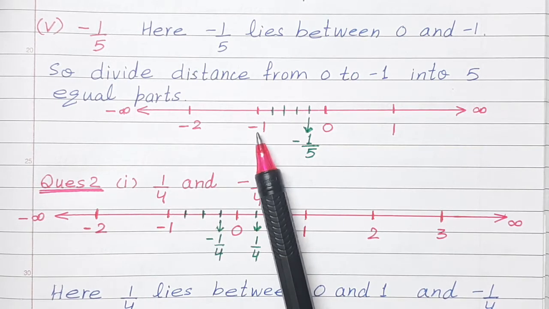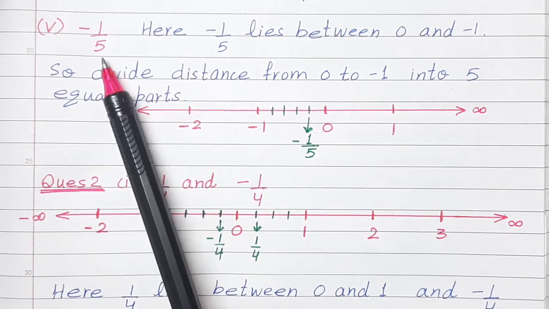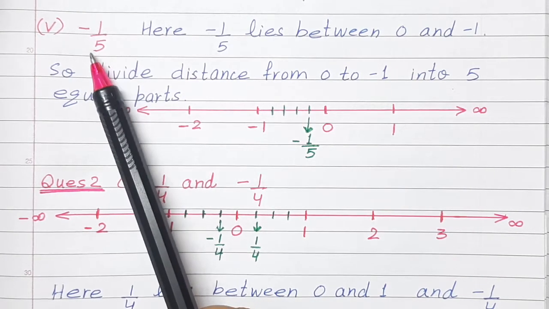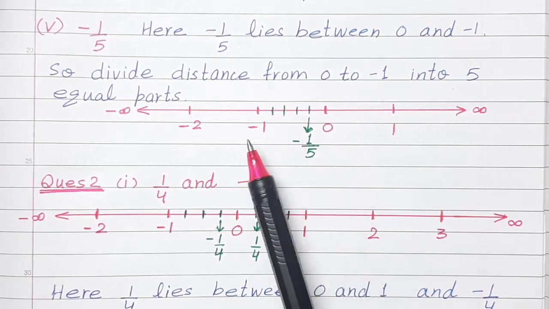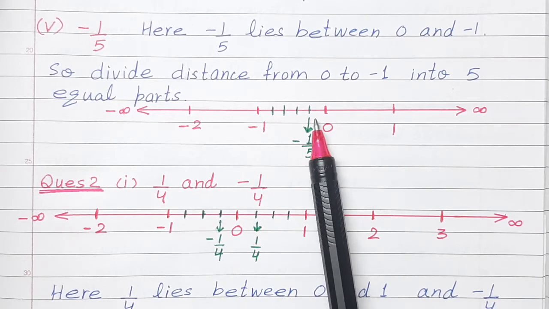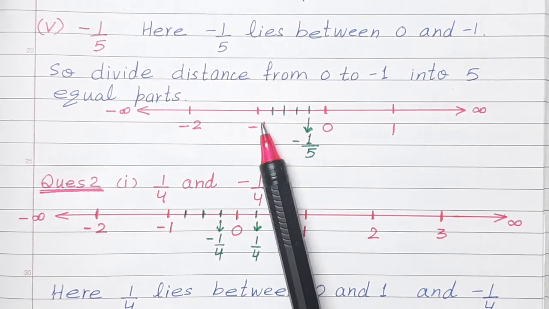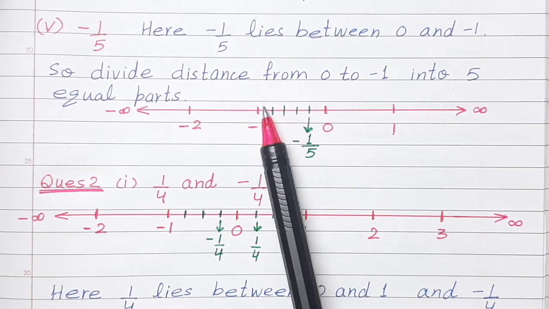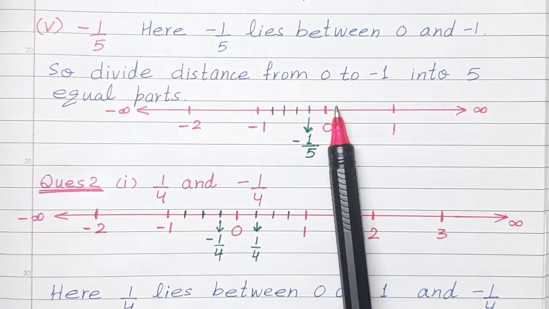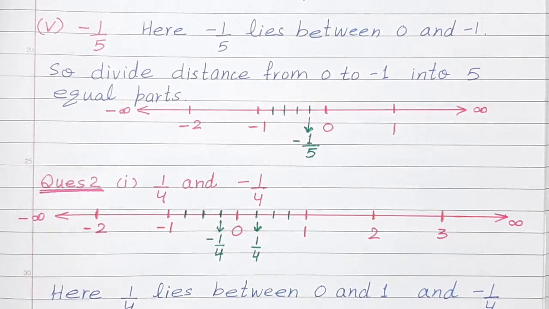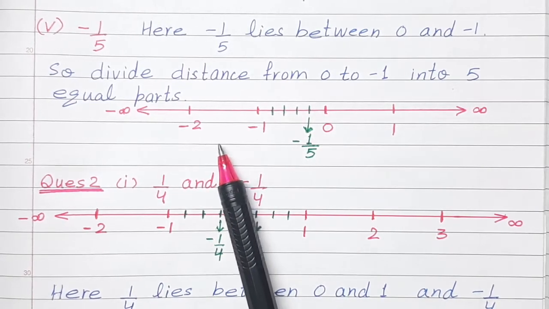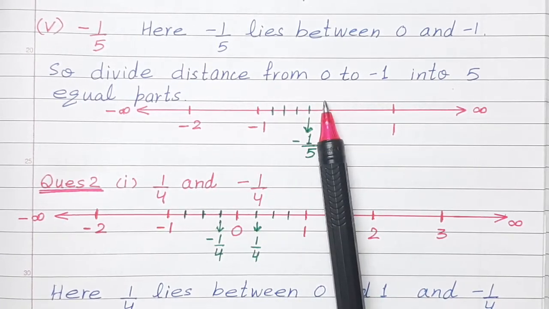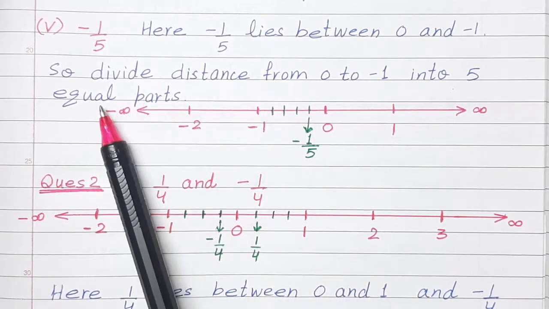So now again see, the denominator is 5. So let us divide the distance from 0 to minus 1 into 5 equal parts, right? So we have 5 divisions here now. Children, one very important thing here, whenever we are considering negative numbers, we always start from right to left.